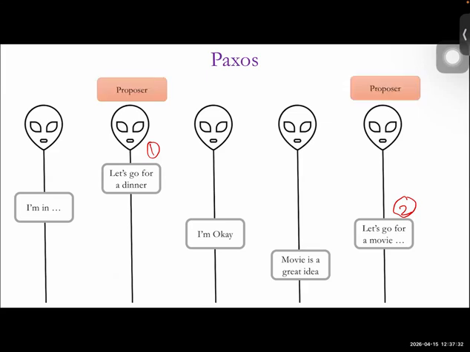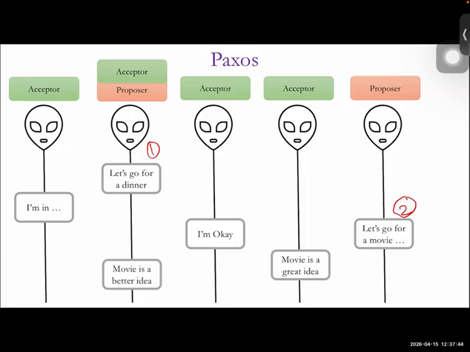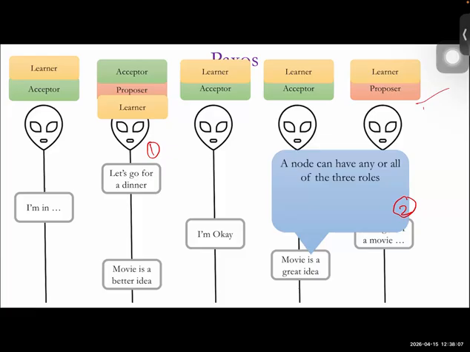One is giving the idea of going to the movie, the remaining say dinner. Then if the proposer also accepts, okay, let's go to the movie, the majority of the acceptors have voted and become a quorum. Then the next step is to accept this proposal, and all the remaining nodes become the learners.